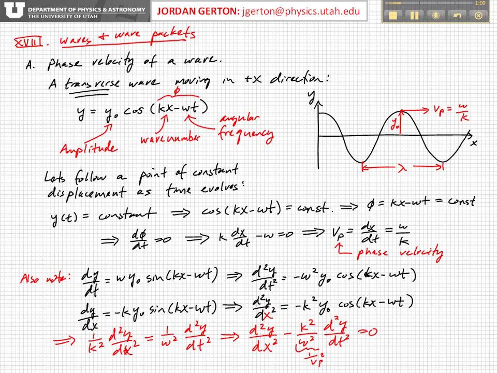Now we have learned how the phase velocity of a wave or a wave function is related to the frequency and the wave number of the wave, and so we should find out how this phase velocity is related to the actual particle velocity.